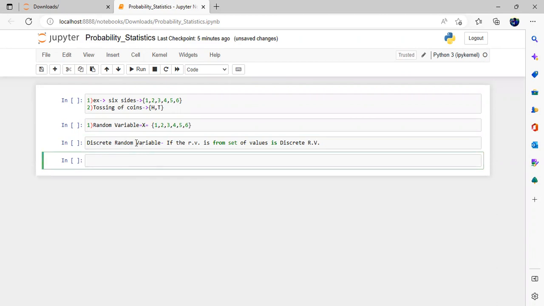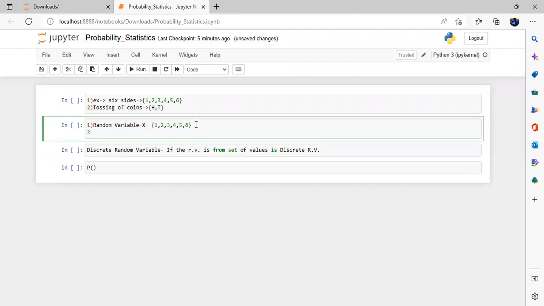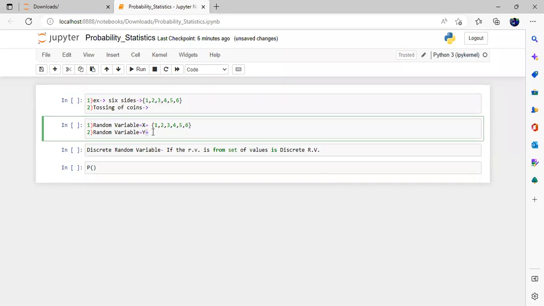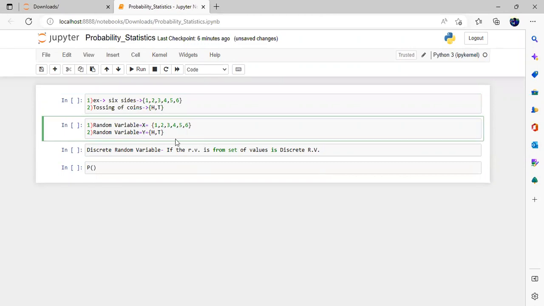If we move towards probability, probability of x is from the set as we can see mentioned here, and for the second it is y, and this is your random variable y.